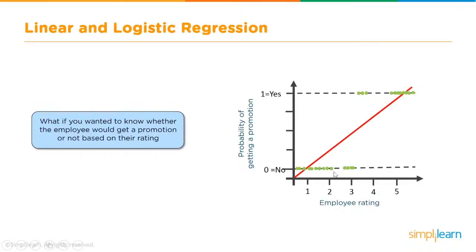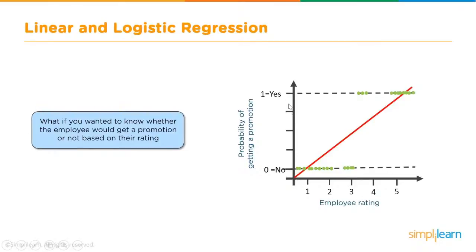These are the ratings for which people did not get a promotion, that is a no, and this is the rating for which people got a promotion. We just plotted the data about whether an employee has got a promotion or not, yes or no, right? There is nothing in between, and then there is the employee's rating, and ratings can be continuous, that is not an issue.